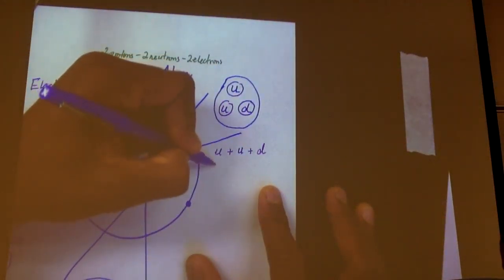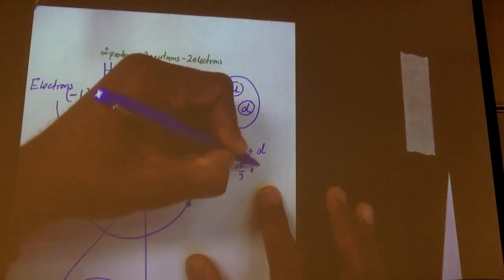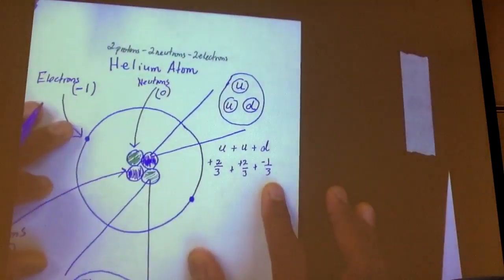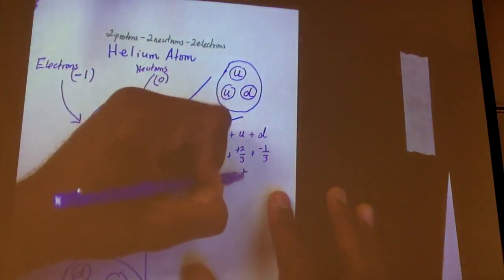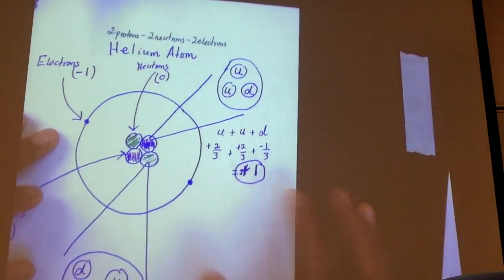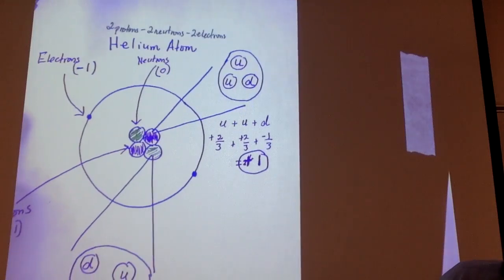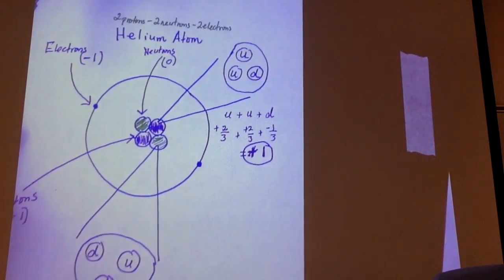So we have 2/3 plus positive 2/3 plus negative 1/3, and when we add those together, we should get positive 1. Okay, so that's going to be our charge for the proton, and this is how we get that charge because the quarks have fractional charges.